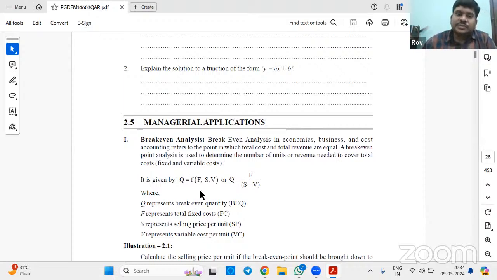Where will they use the equation? See, what does F represent? The fixed cost divided by the selling price minus the variable cost per unit. This is the equation for break-even.